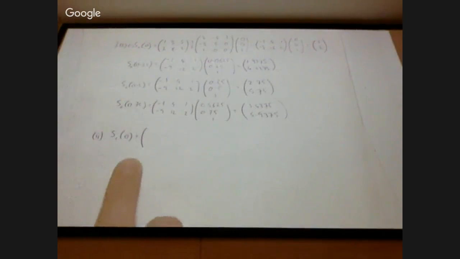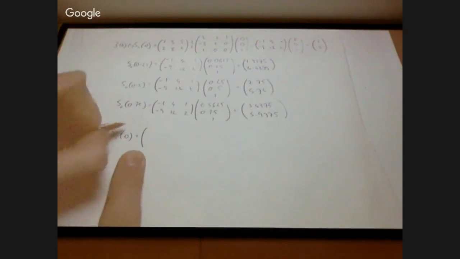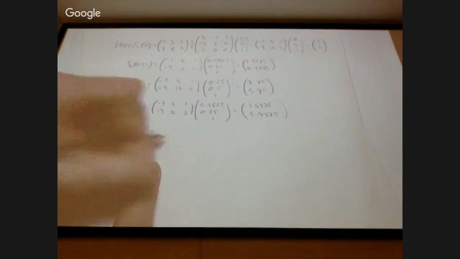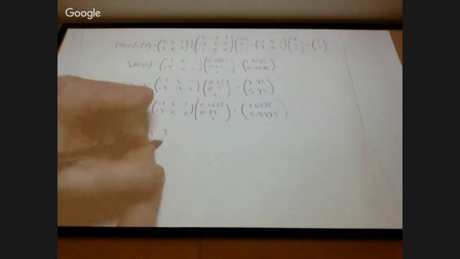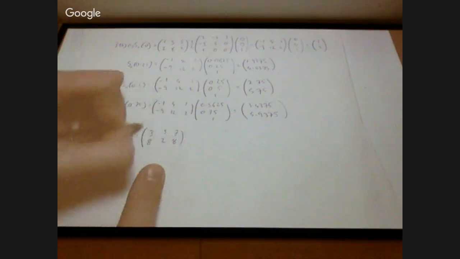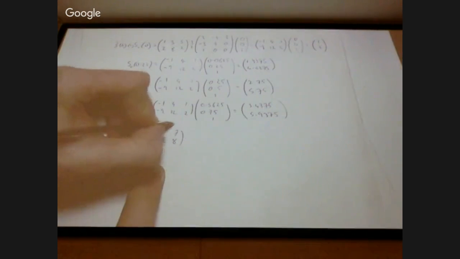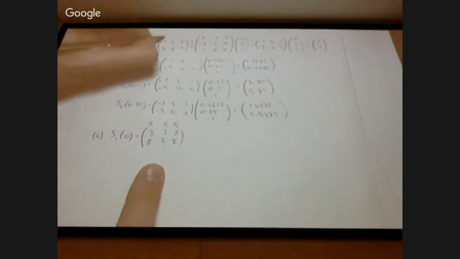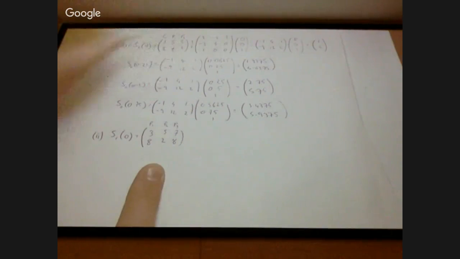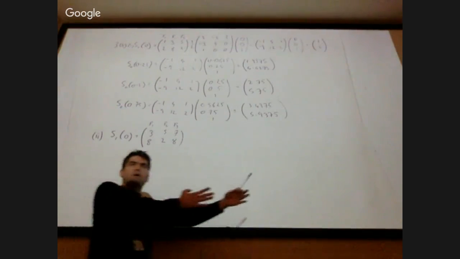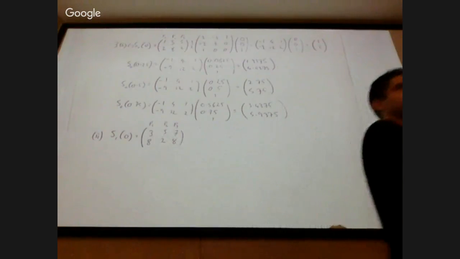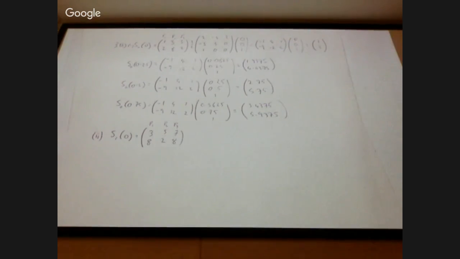Now what we have is P1, which is (3, 8), P2, which is (5, 2), and P3, which is (7, 8). Up here we had P0, P1, P2. So we're stepping along to use different control points.